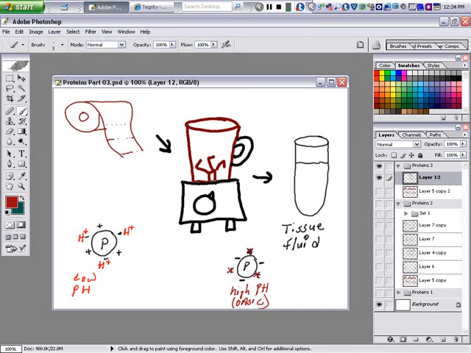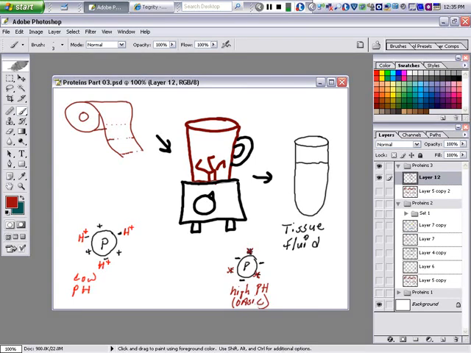Kind of makes sense? Okay, now, if a protein has a lot of positive charges, which one is going to dissolve more easily? A protein with a lot of positive charges or a protein with a lot of negative charges? Think about it. I'm going to ask the question again. Which protein is going to dissolve more easily?